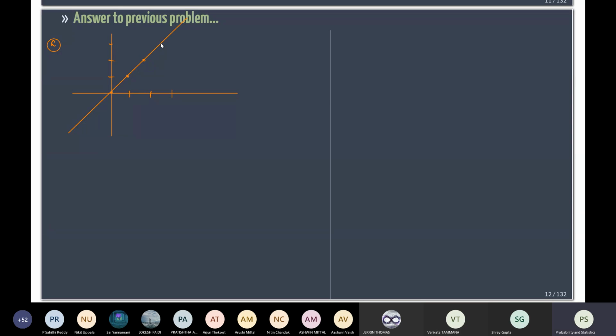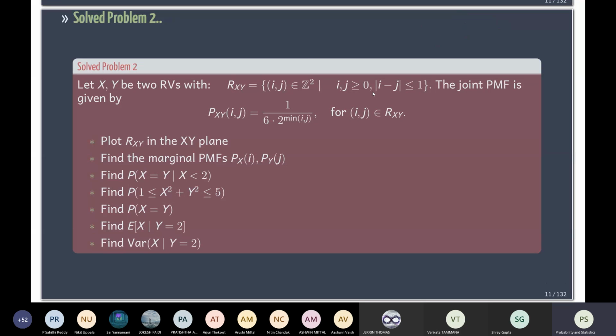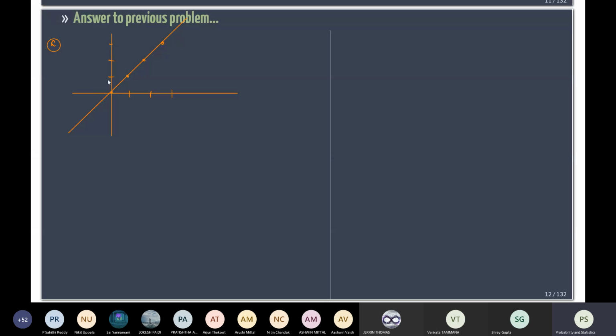These are the i equal to j line, and then i could be just one more or one less, within a band of 1 above or below. Only the positive sides will be noted, not the points below.